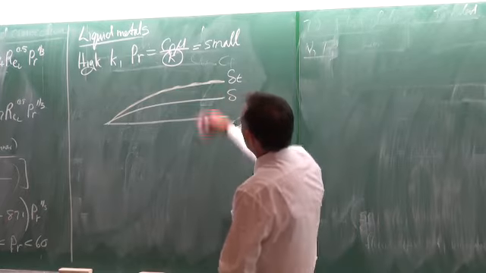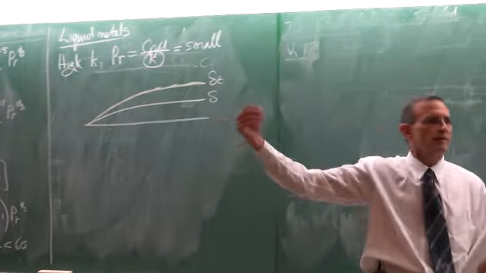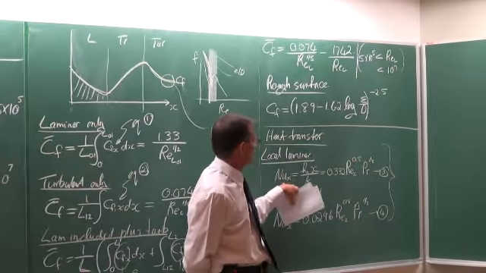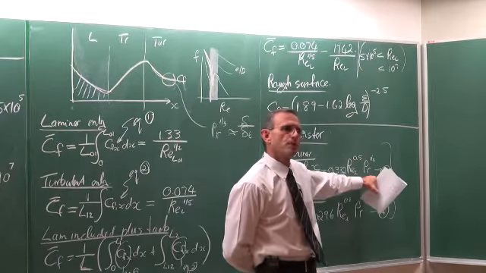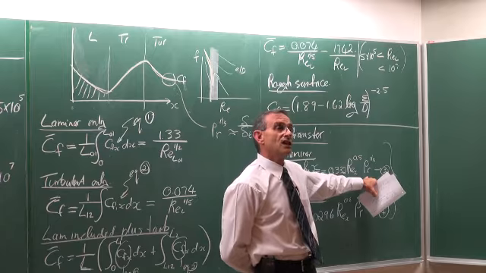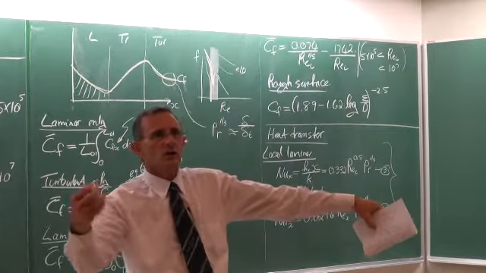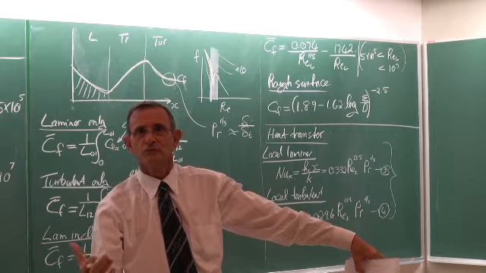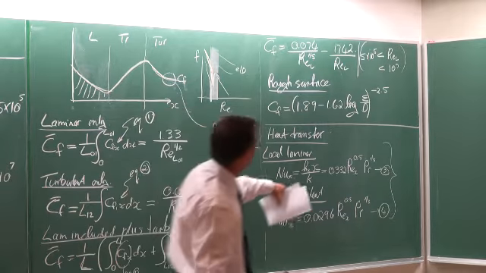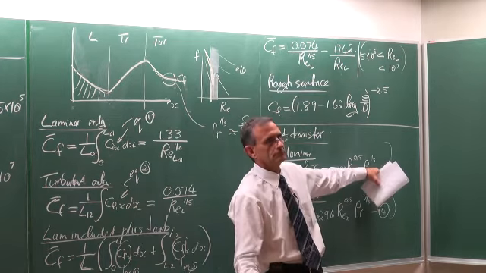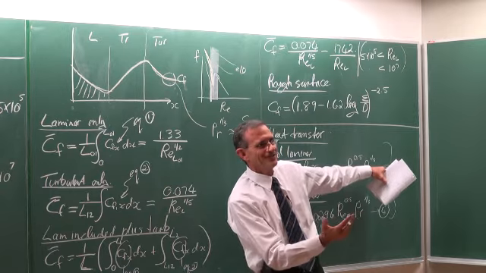Now, if we just look at these equations that we've looked at, the Nusselt number is always a function of Prandtl number, do you see? So in general, you would say, if I would like to have good heat transfer, select a fluid with a high Prandtl number. Do you agree? Makes sense. The equation tells you that.